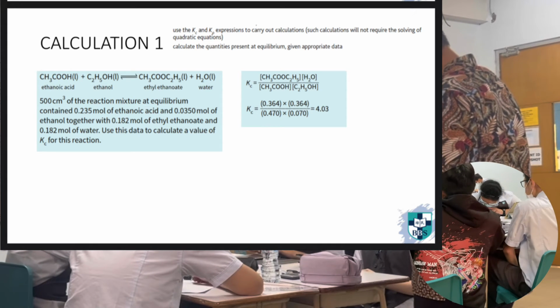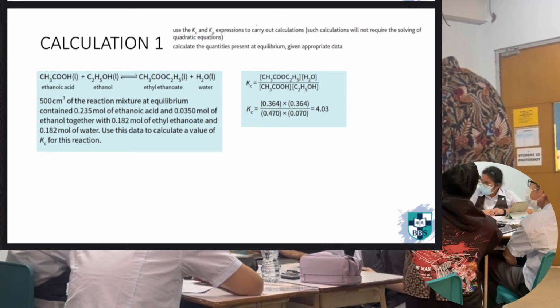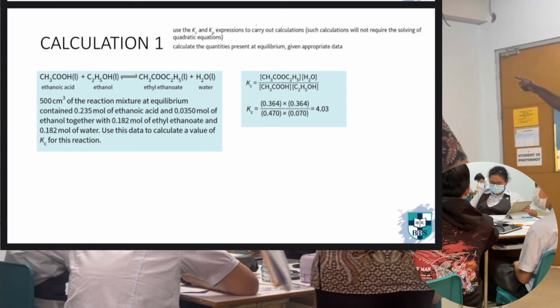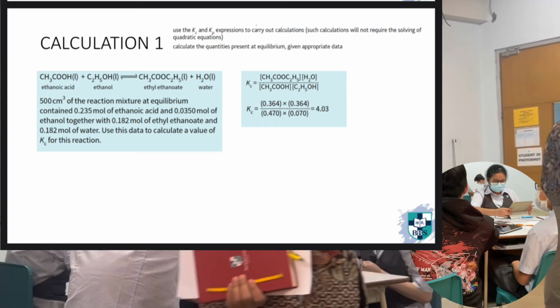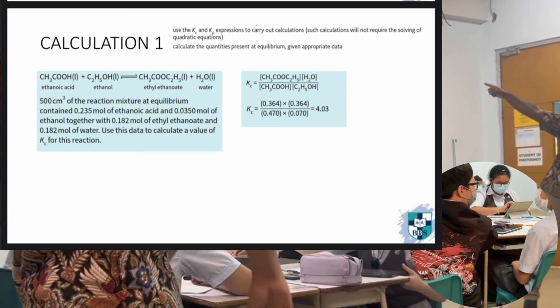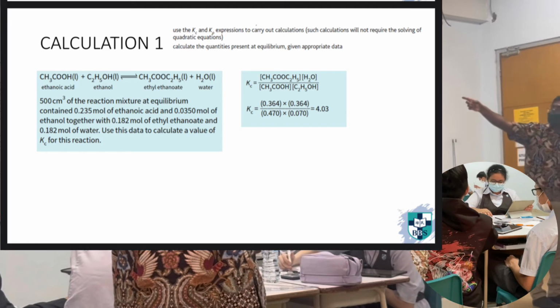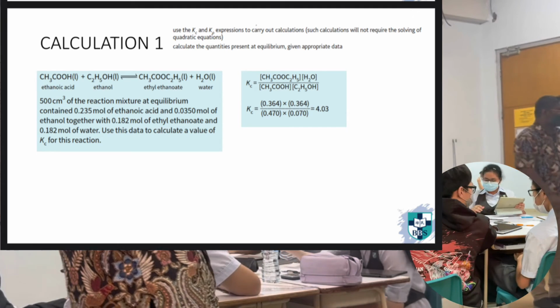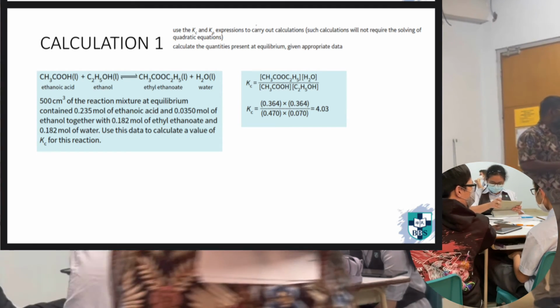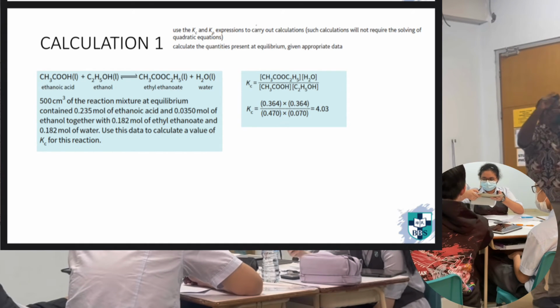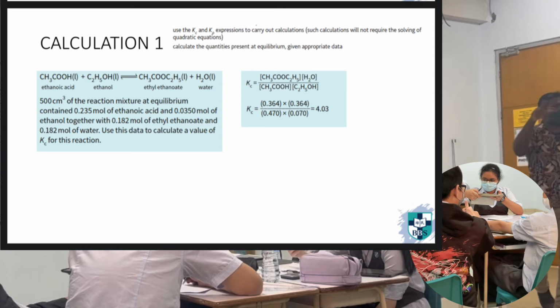Do remember in this example that they didn't show the volume. It means all of them, 0.364 and so on, must be divided by 0.5, since you see 500 cm cube, it must be 0.5 dm cube. Eventually all these 0.5 dm cube will cancel.